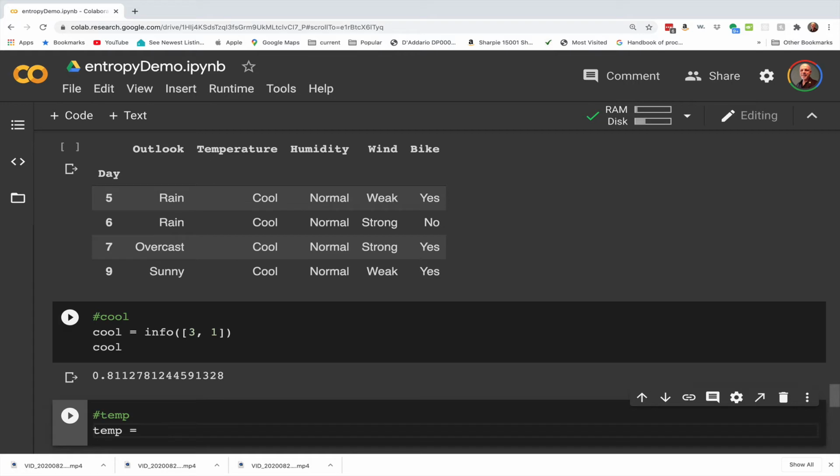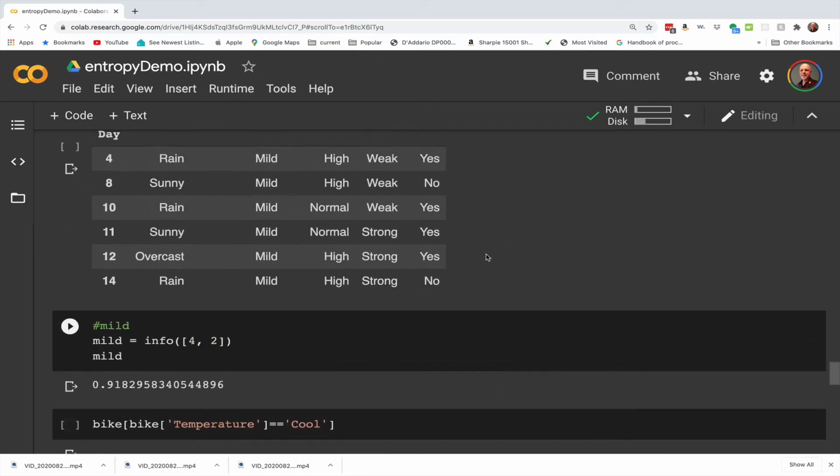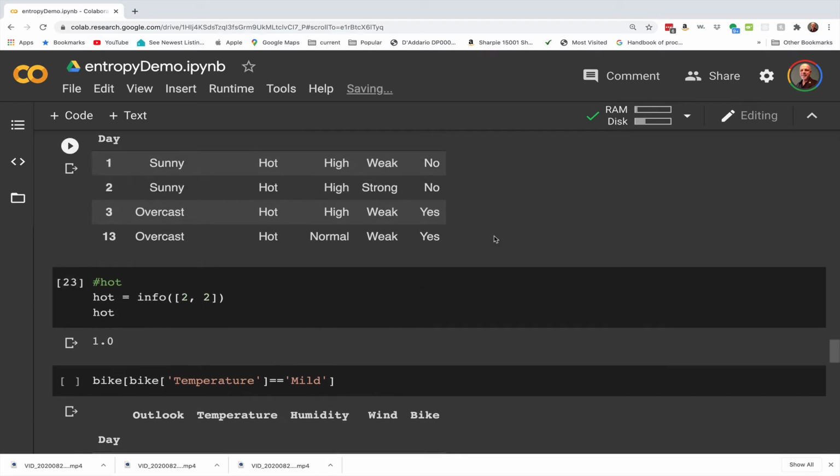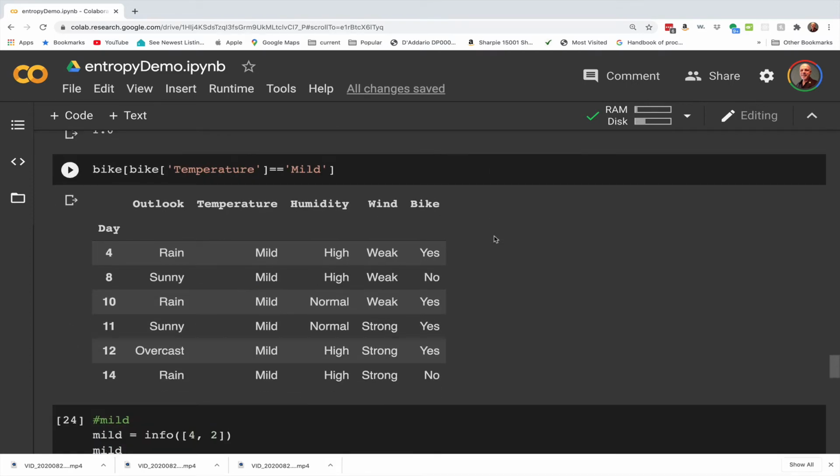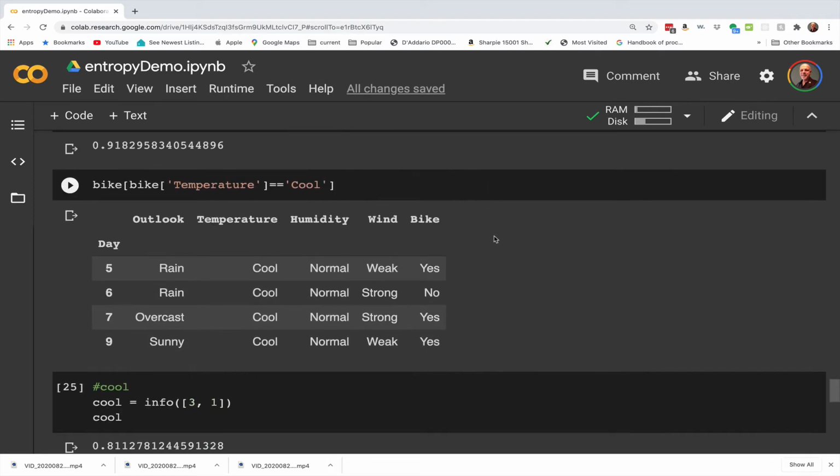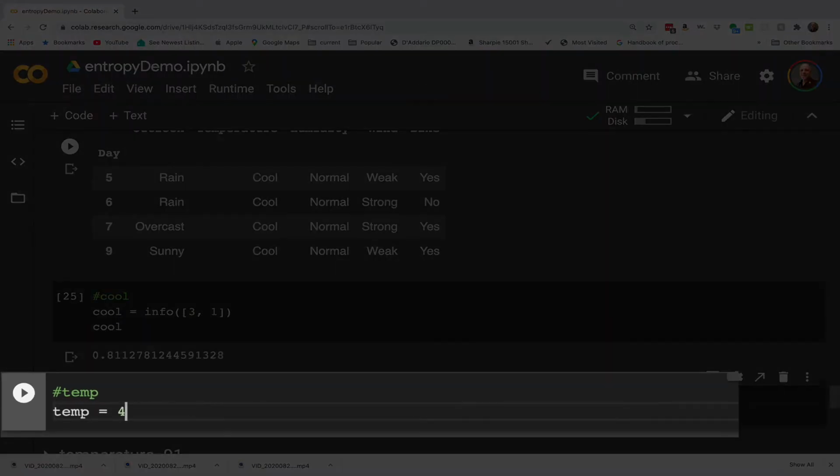So how many were there for hot? For that, I have to go back up and actually look. I think there were 4, but let me check. Yep, there were 4 instances of hot. And there were 6 of mild. And there were 4 of cool.